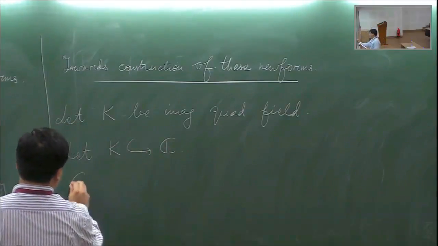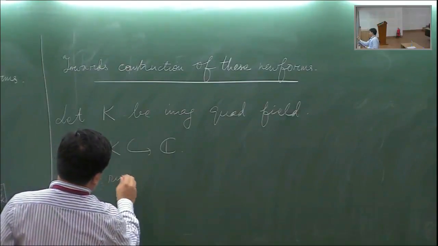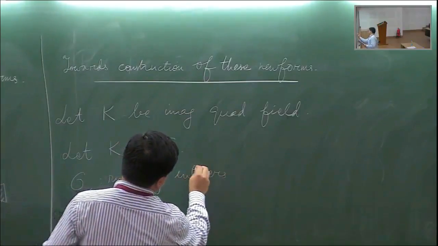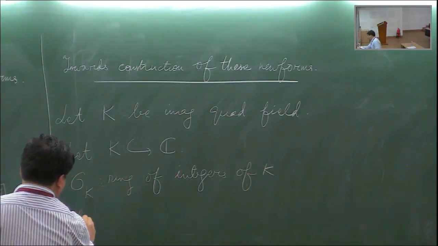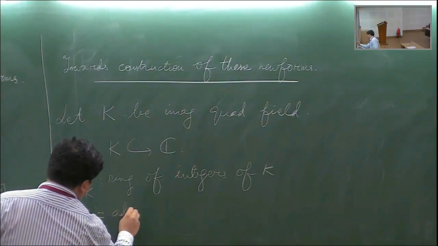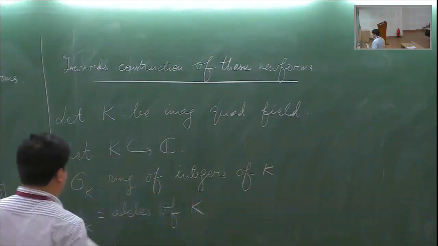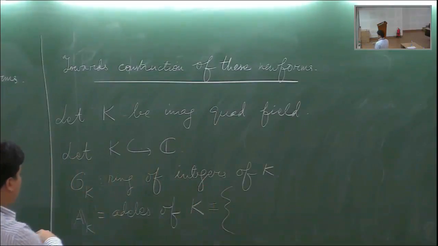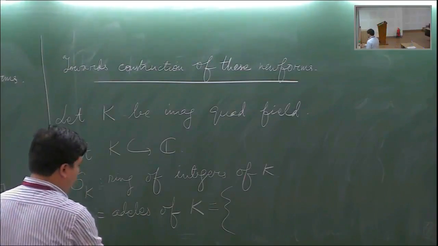And I denote, okay, so this is the ring of integers of K, and A_K the ideles of K. So what is this? So this consists of, this is a subset of the infinite product of all the completions of K over all possible primes.